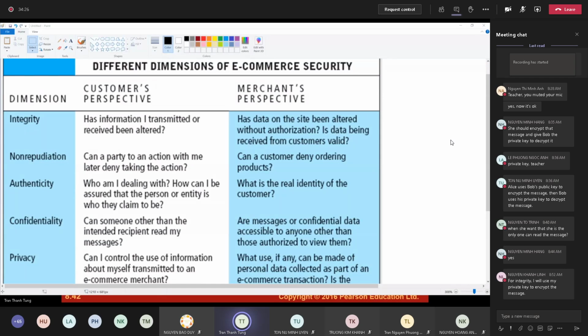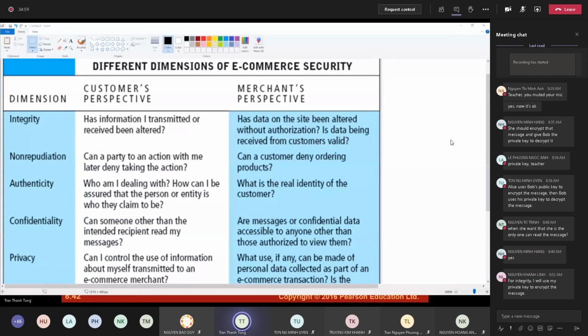Yes, thank you, Lynn. So for integrity, actually we use the same kind of thing with the private key. Say the boss wants to ask the employee to do something, and he says, I will increase the salary of Alice to $5,000, and he uses his private key to sign the message, I mean to encrypt the message.